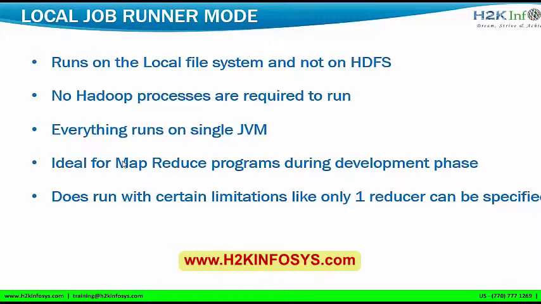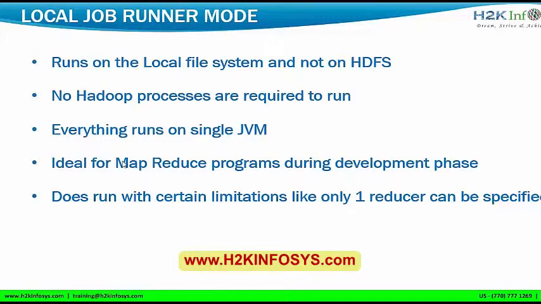It is ideal for MapReduce programs during the development phase, because it doesn't need to fetch any particular information from different areas. Just to test our MapReduce program, which is designed the way Hadoop programs need to be, it will be good only for that purpose, but it will not give you the actual purpose of Hadoop, like getting the data from different areas or processing in a multi-threaded way.